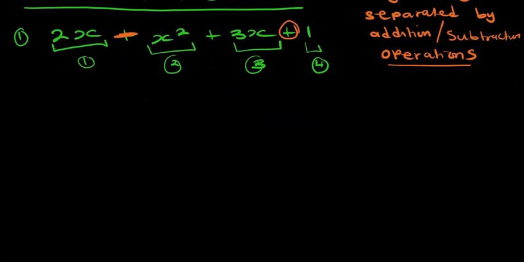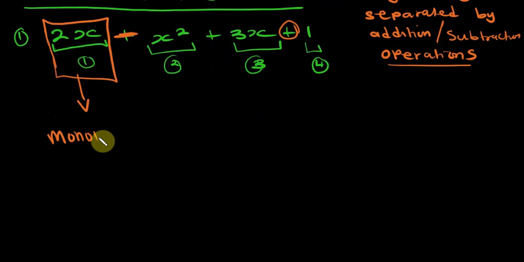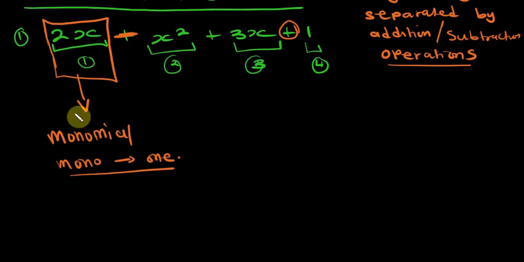So what do we call a single term, just this one term in algebra? In algebra, a single term is what we call a monomial. The word mono means one. So an example of a monomial from the polynomial up there would be 2x on its own, and x squared on its own is a monomial.